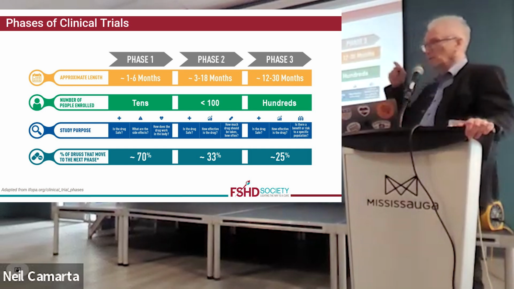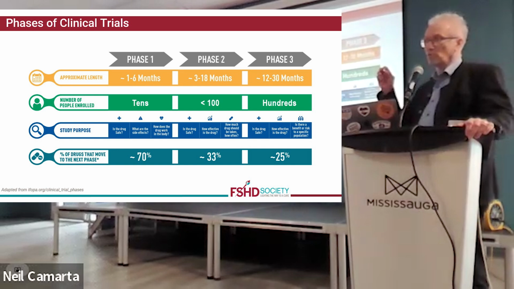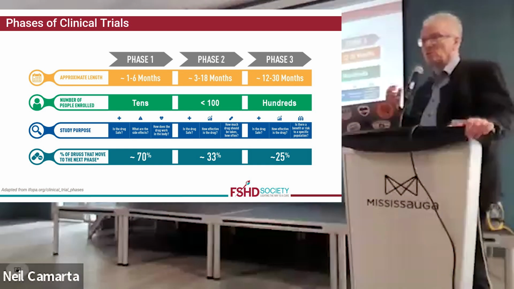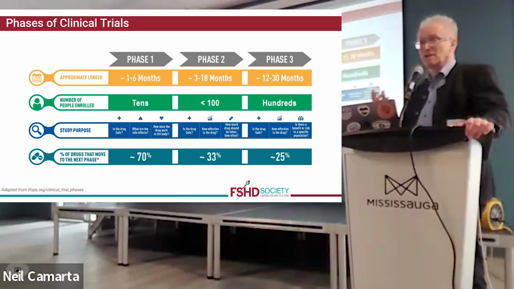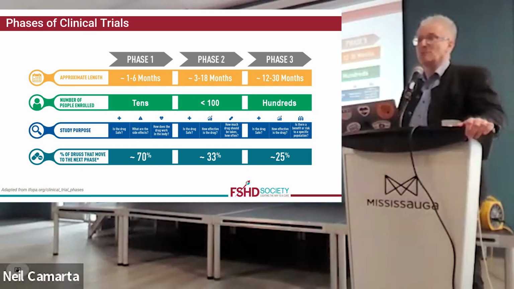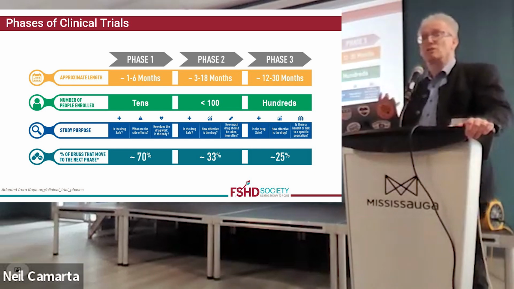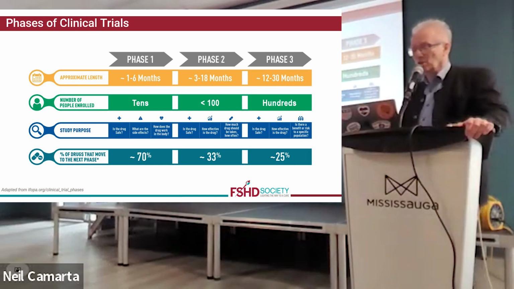And the reason why they're called 1, 2, 3 is because they address different questions. So phase 1 is really just about safety in the first place. Does that drug, if we give it to humans, do any harm? And that's often even done in healthy volunteers, not even in patients.